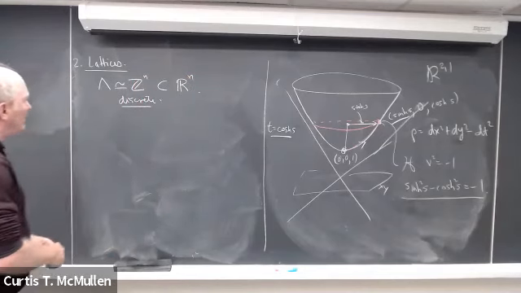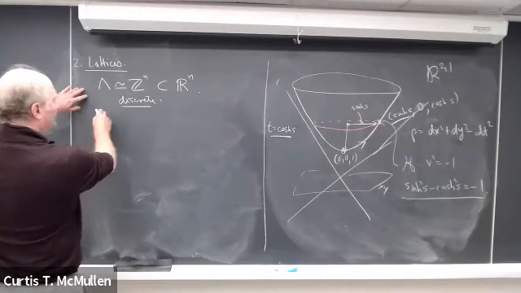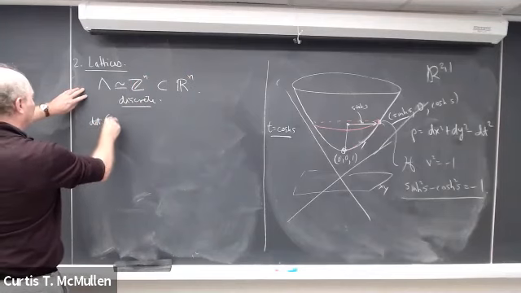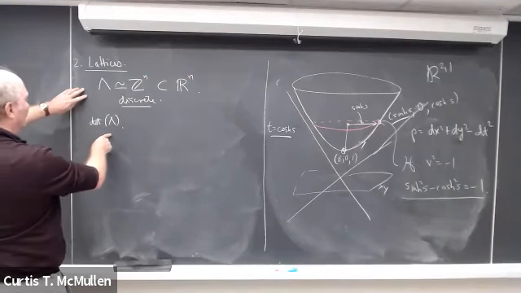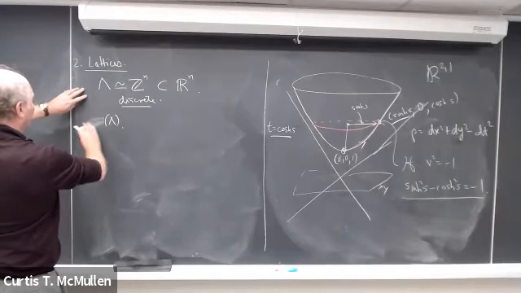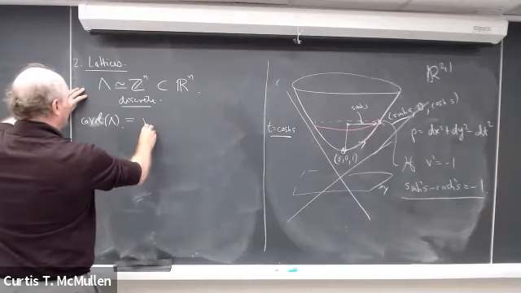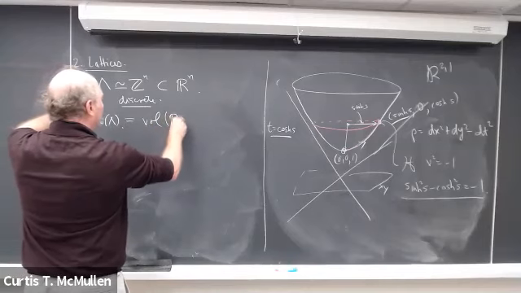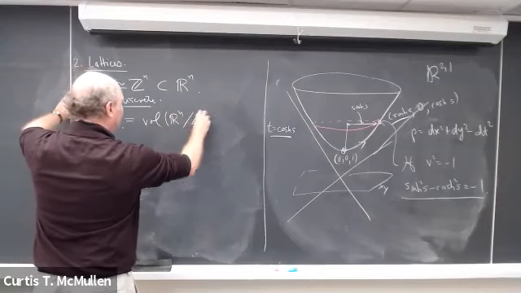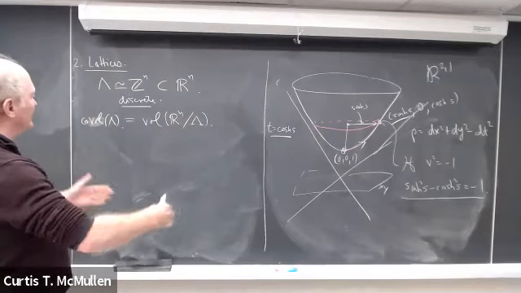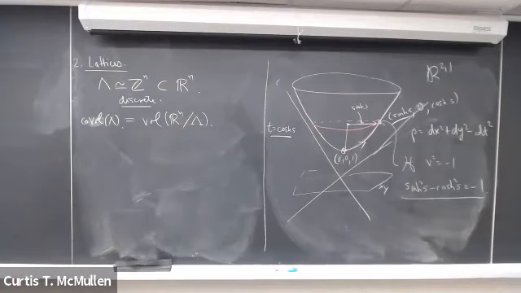So how can you describe a lattice? Well, the first thing is there's an invariant. There's the determinant of the lattice, or at least the determinant if it's oriented, or if you like, the volume or co-volume of the lattice, which is the volume of the quotient space R^n mod Λ. And it's convenient when you're studying lattices to scale them so they all have co-volume 1.